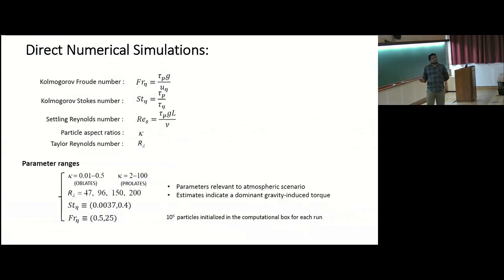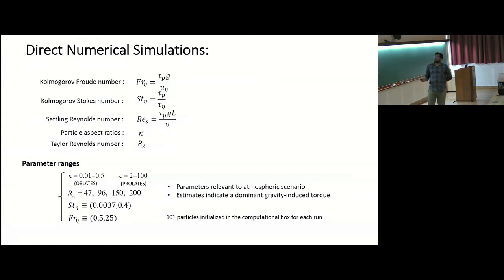We performed direct numerical simulations for these parameters: the Kolmogorov-Froude number, where tau p is the particle relaxation time, and the Stokes number, the ratio of these time scales. We also have the settling Reynolds number, which is less than 1, the aspect ratio, and we quantify the strength of the turbulence using the Taylor-Reynolds number.